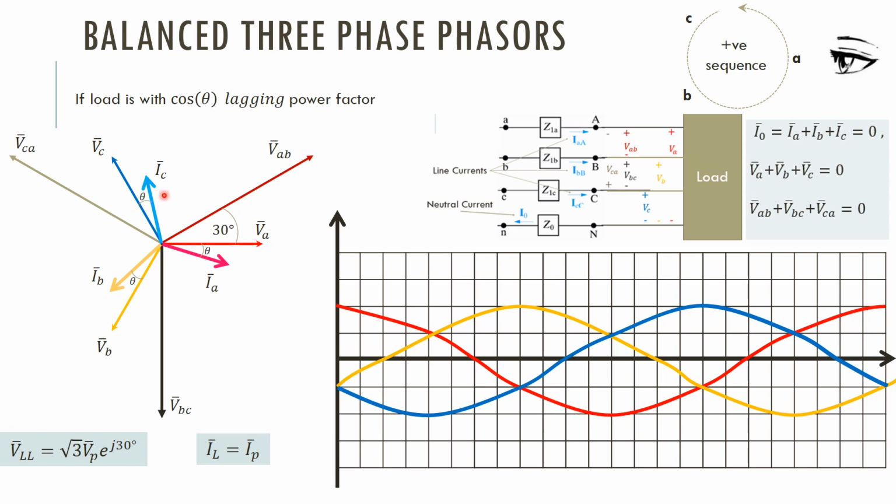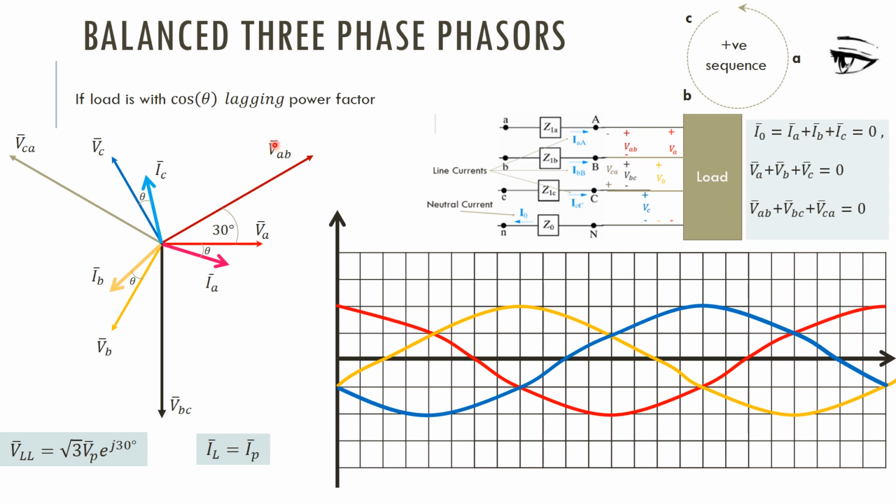Once after that, we can find the line to line voltage VAB by subtracting VA minus VB. If you subtract, you have to construct a line minus VB here, and use the parallelogram theorem to add those two phasors. At that time you will end up with VAB.